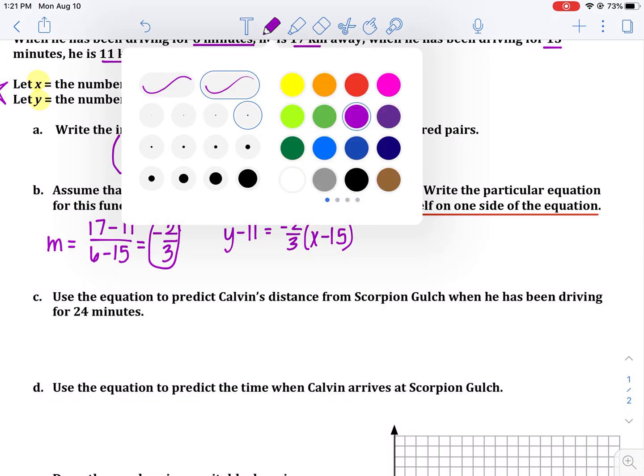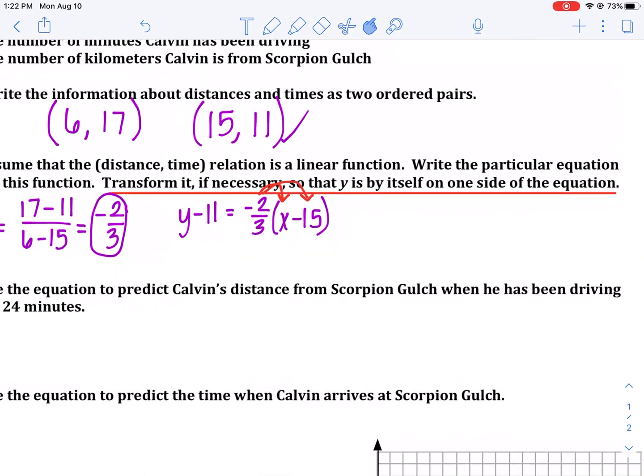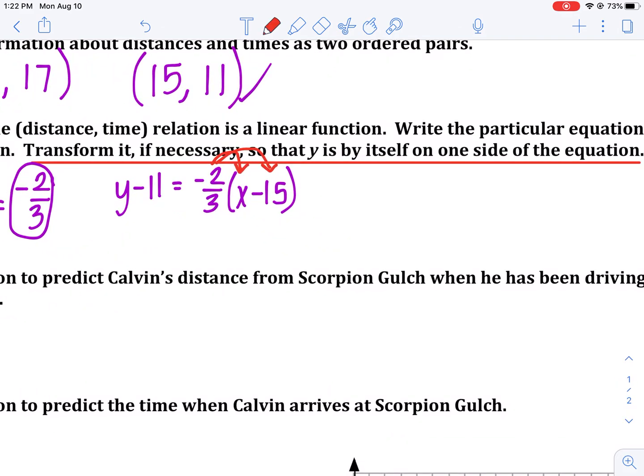First thing you need to do, make sure you distribute your slope. Okay, don't do anything silly. Don't forget this step. That's problem number 1. So what you're going to get, I'll go right here, y minus 11, we still have that, would equal negative 2/3 x.